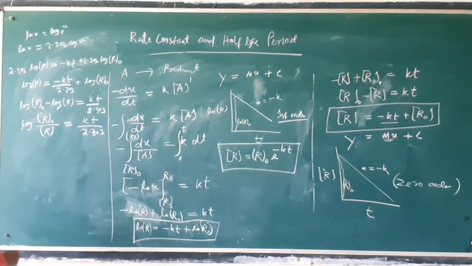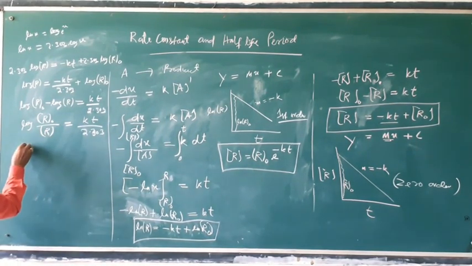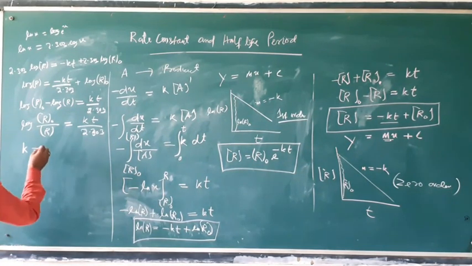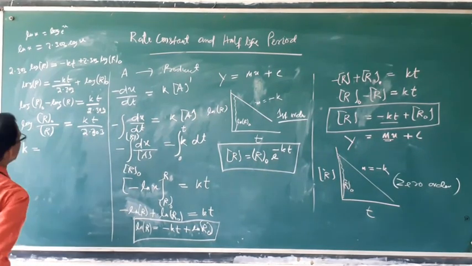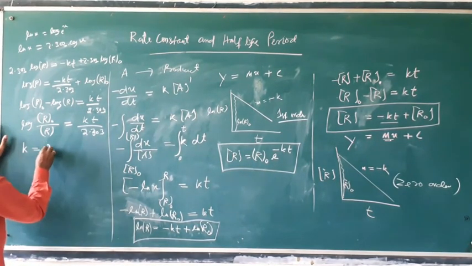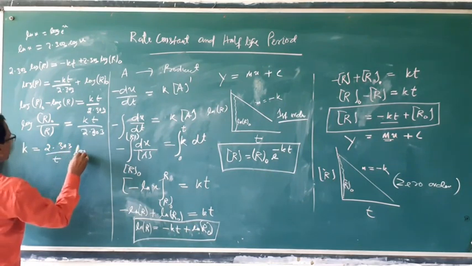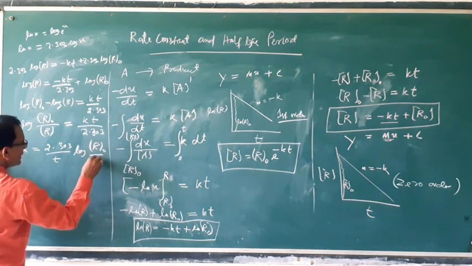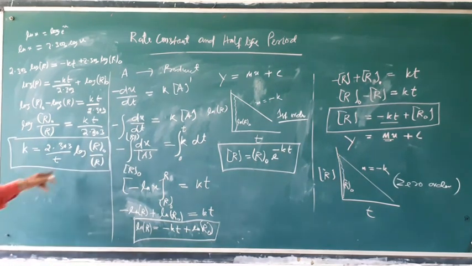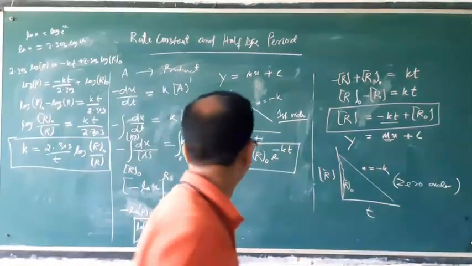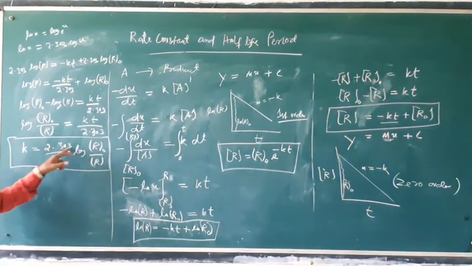Then here k is equal to 2.303 by t log r0 by r. This expression indicates directly the k value for first order. K is equal to 2.303 by t log r0 by r.